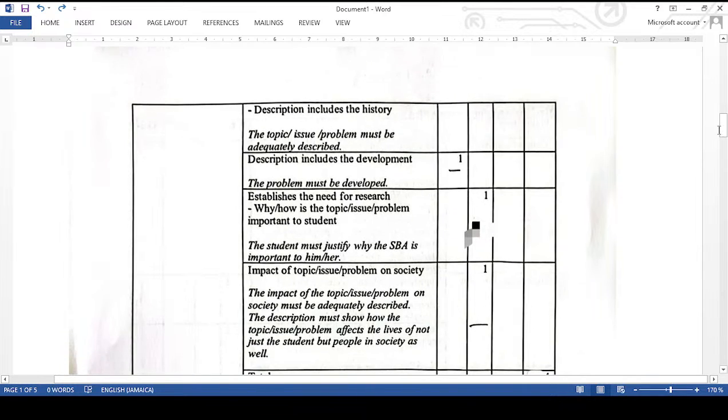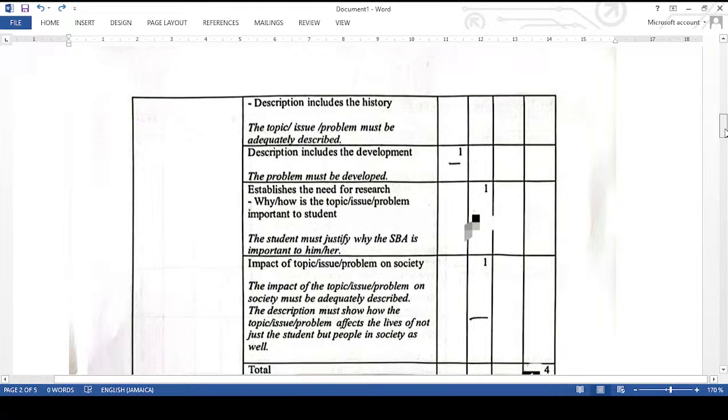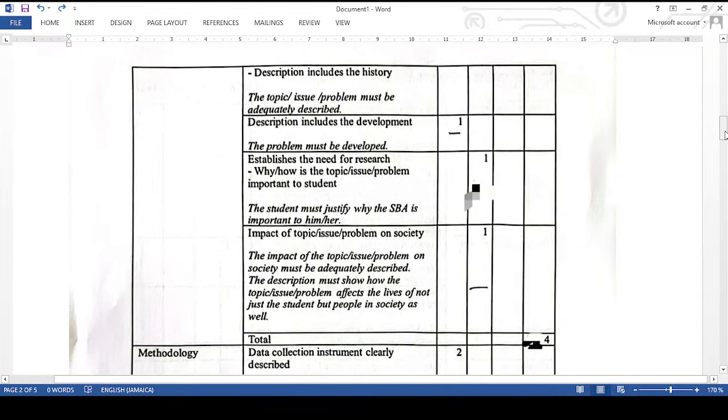The description includes the history, right? So you must describe the development of the problem or the issue that you have observed, right? The description must include the development, the problem must be developed, right? So you have to talk about how the problem developed.